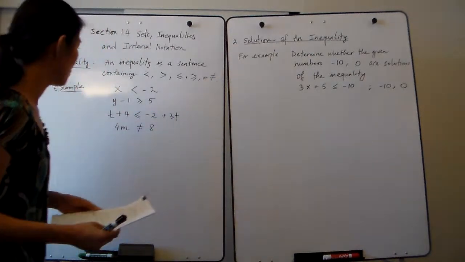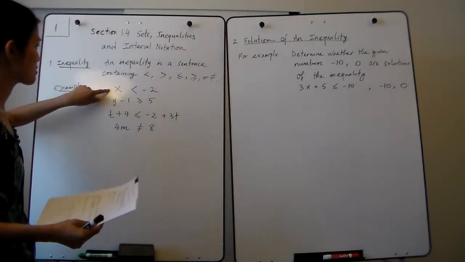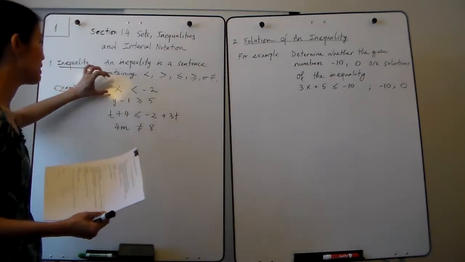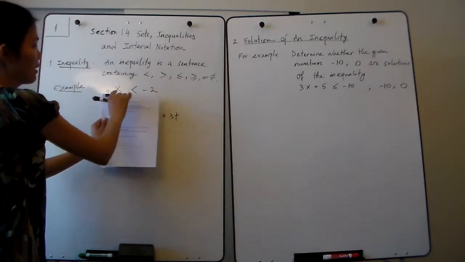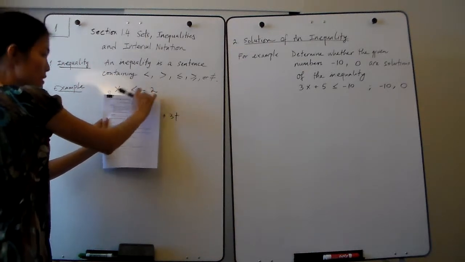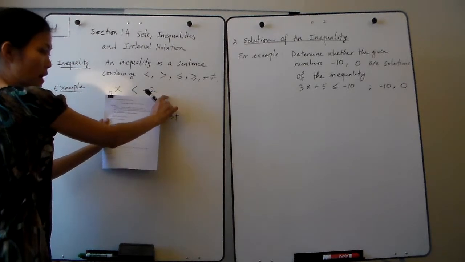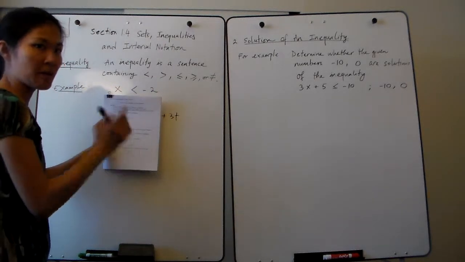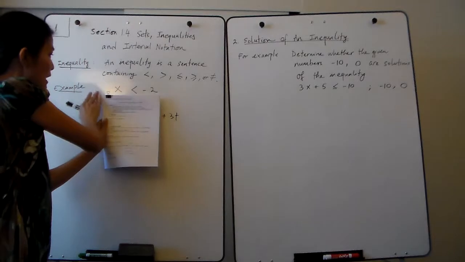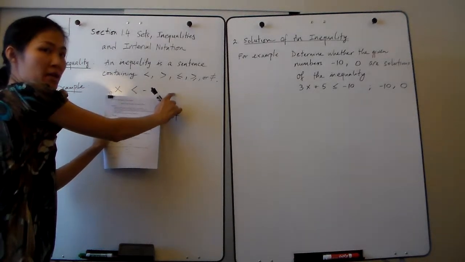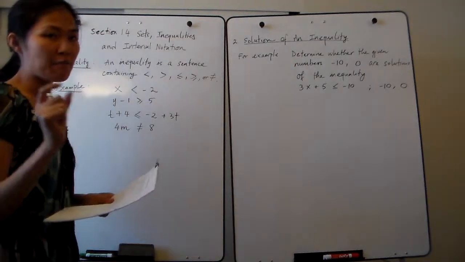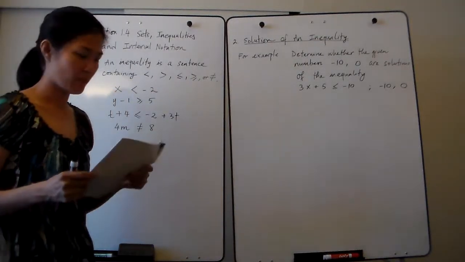It means that if you find a value and substitute for the variable in the inequality, and it still maintains this relationship, the left-hand side less than the right-hand side. Okay? After you substitute, it still maintains left-hand side less than the right-hand side for this inequality. Then that value is a solution.